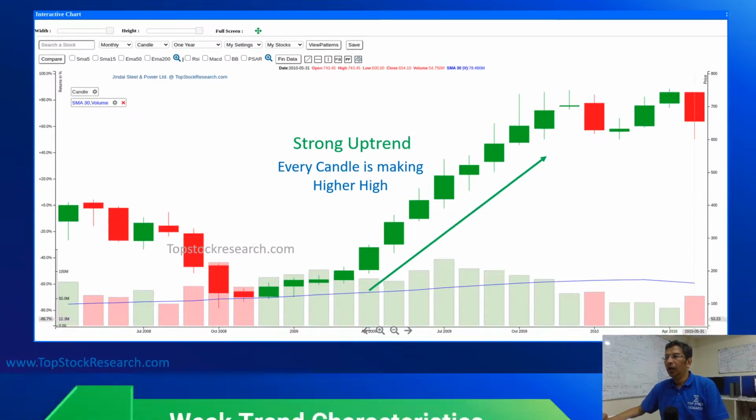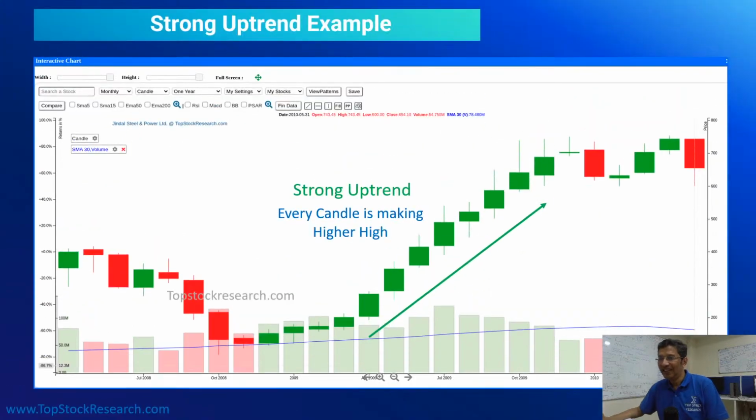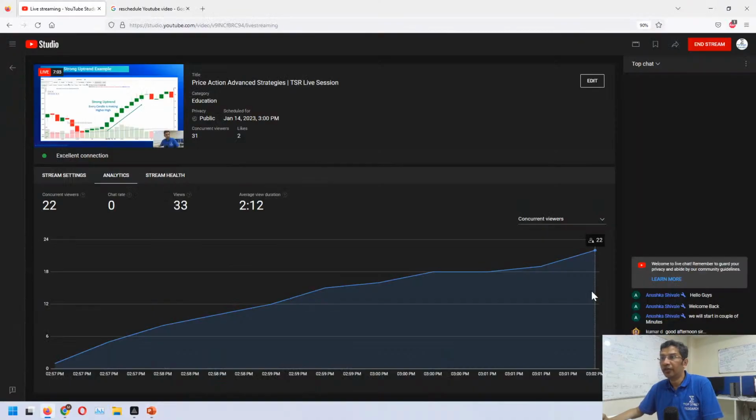All right, then let's take an example of a quick uptrend. We're going into an example from the top stock research sample.